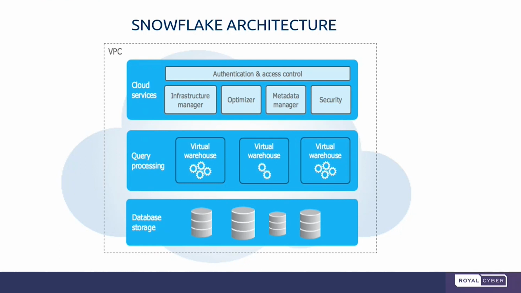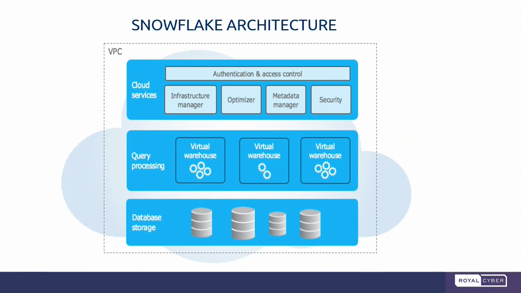The next layer is the query processing layer, which is also called the compute layer. In this layer, queries are executed using virtual warehouses. These virtual warehouses are not the traditional or conventional warehouses that store data. These virtual warehouses are compute clusters. Each warehouse is a compute cluster.